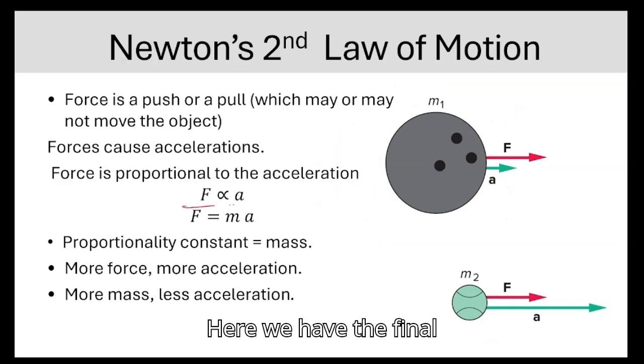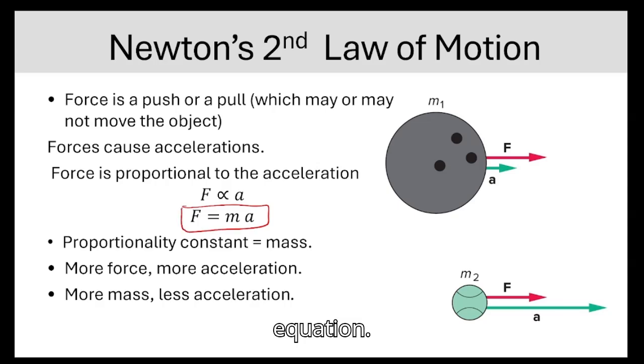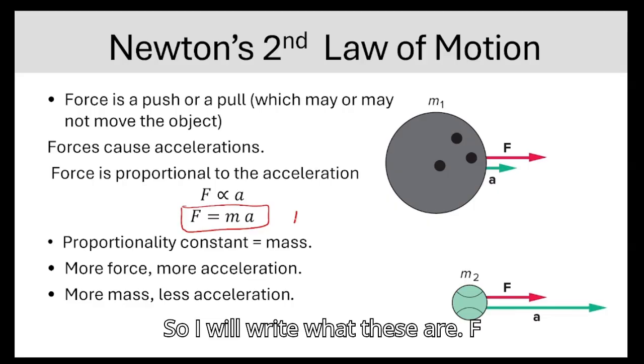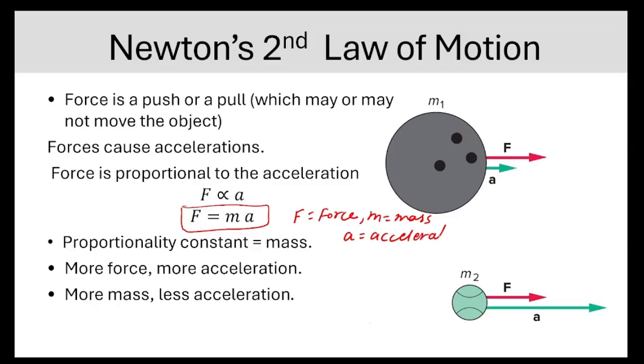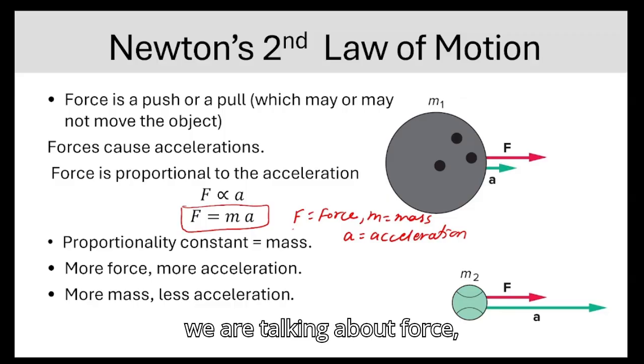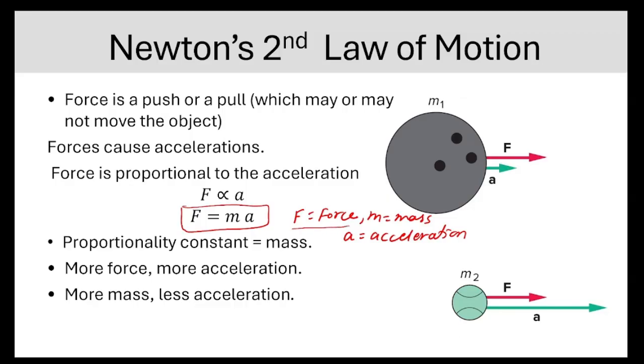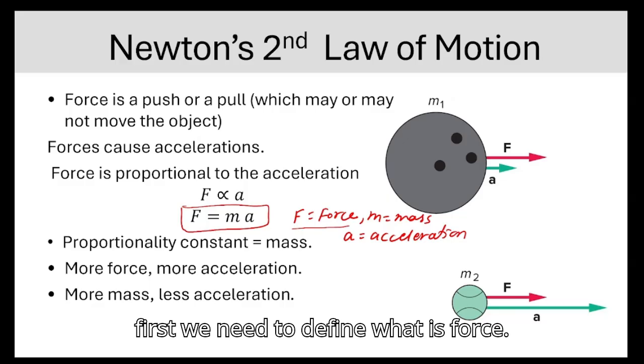Here we have the final equation. So I will write what these are. F equals force, m equals mass, a equals acceleration. And since we are talking about force, first we need to define what force is.